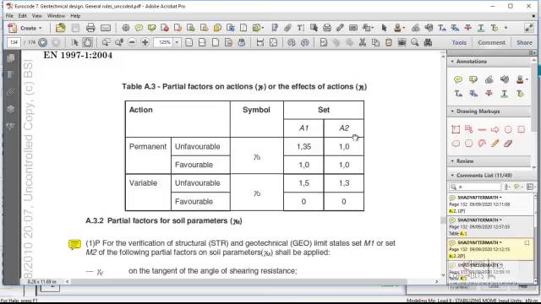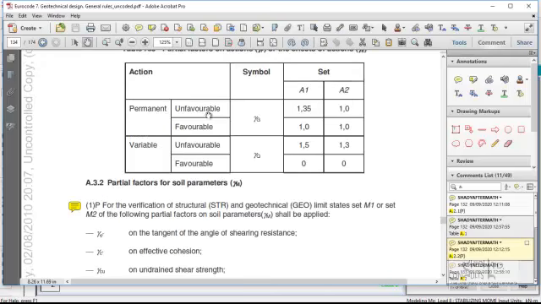It says A2, M2. For A2, the dead permanent actions, the partial factor of safety to apply is 1, whether the dead loads are unfavorable or favorable. If the live loads are unfavorable, it is 1.3.